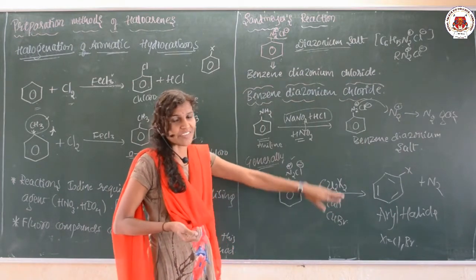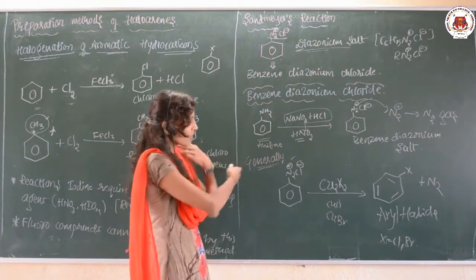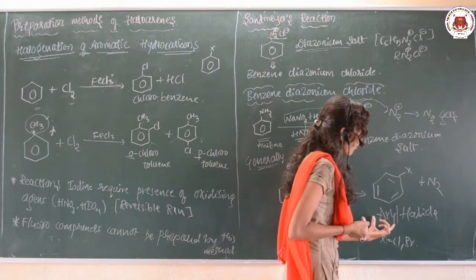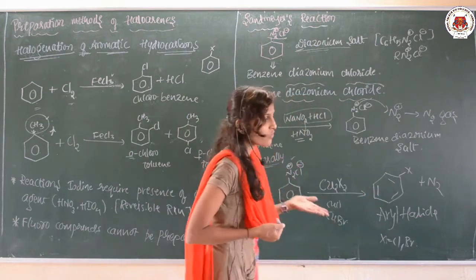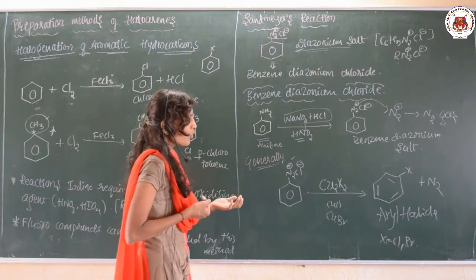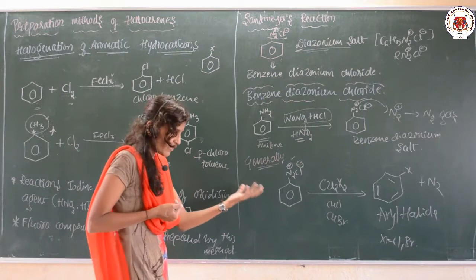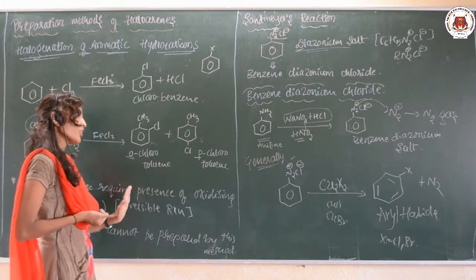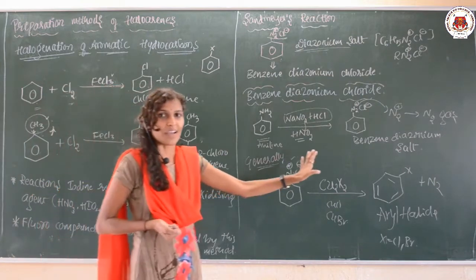I will tell you exactly by taking the reaction itself. This is the general format of how we can prepare haloarenes or aryl halides by using benzene diazonium chloride. Clear? So these two methods are very important. The first one is regarding halogenation and the second one is the Sandmeyer's reaction.